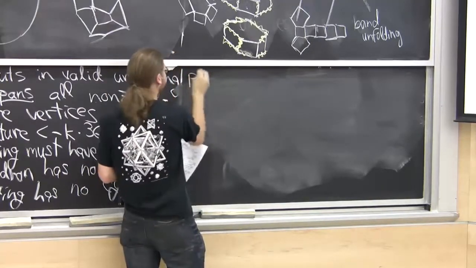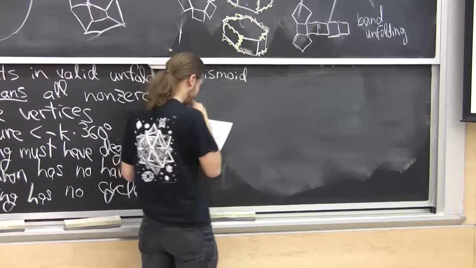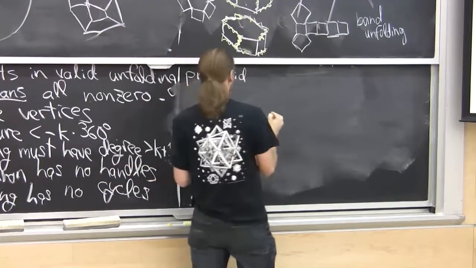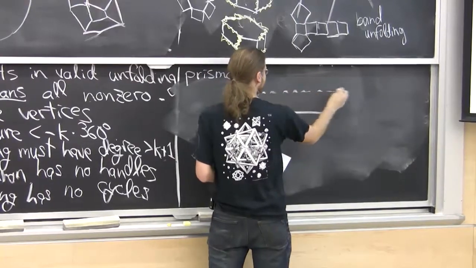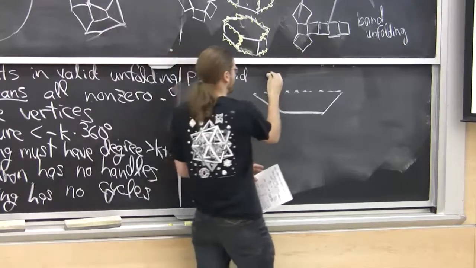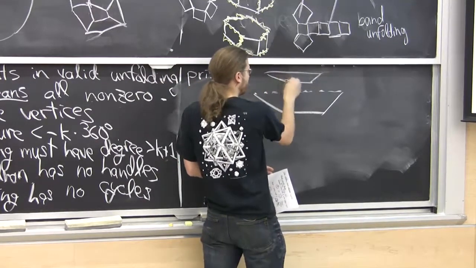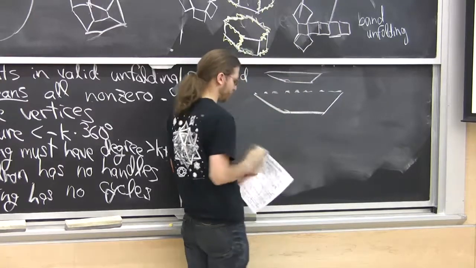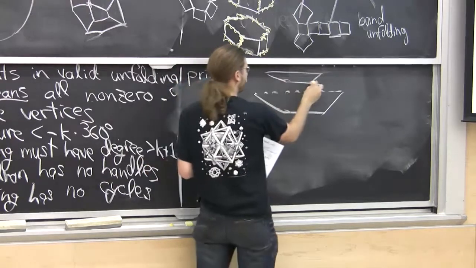All right, Prismoid. Suppose you take a polygon and you basically inset it. So I want to make a new version of the polygon where all of the angles match, and these edges are parallel to each other.